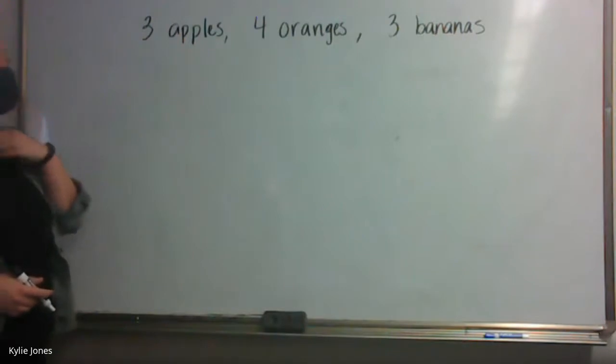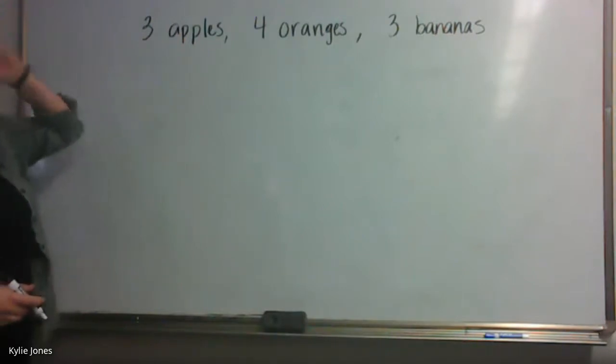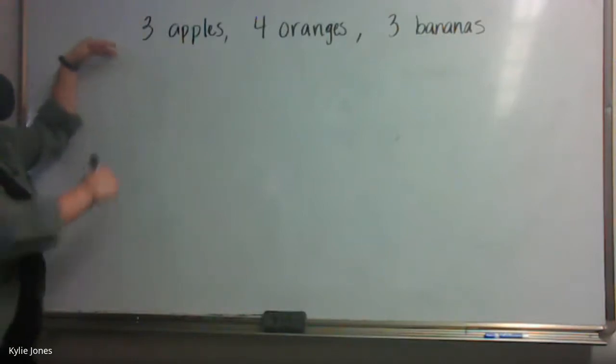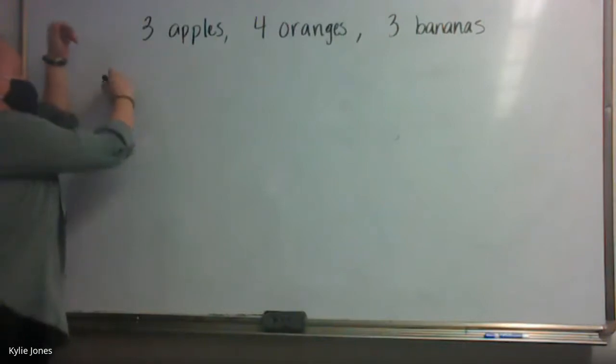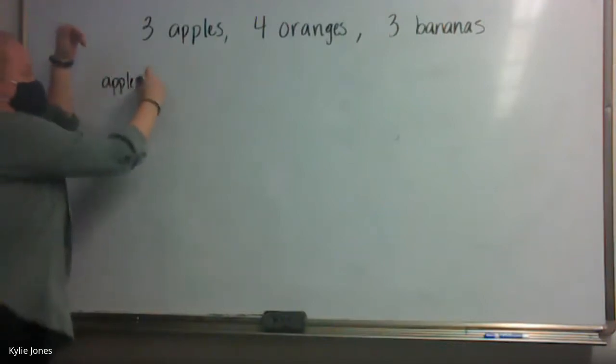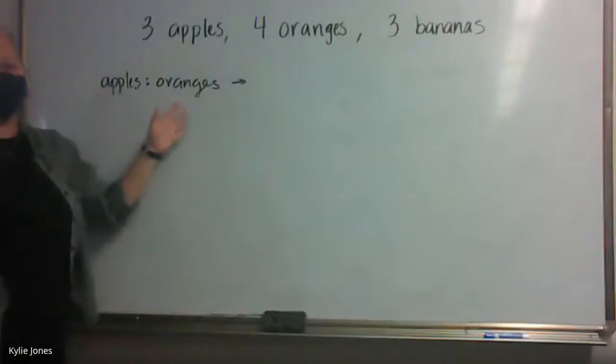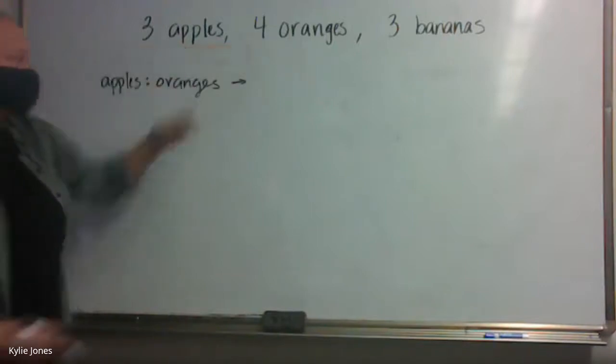Okay. So let's talk about the 3 different ways that ratios can be represented. Let's say I ask you for apples to oranges. Okay? That's part to part. What would apples to oranges be? So that's a 3 to 4 ratio.